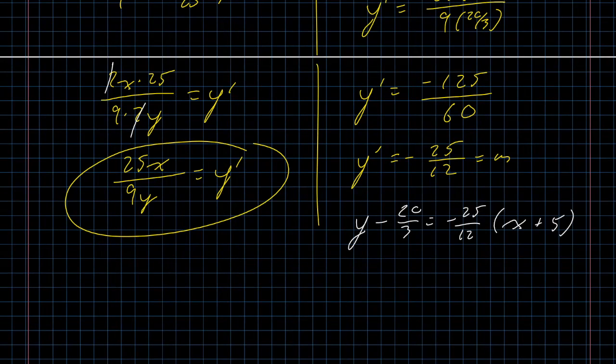And technically we're done, but let's clean up a little bit. All right, 20 over 3 is the same thing as 80 over 12. -125 plus 80 is -45.